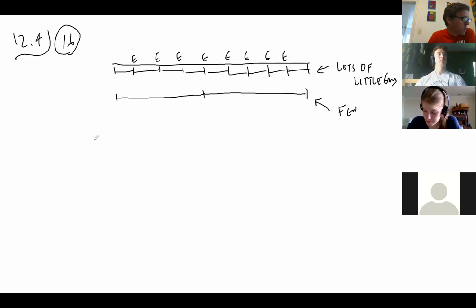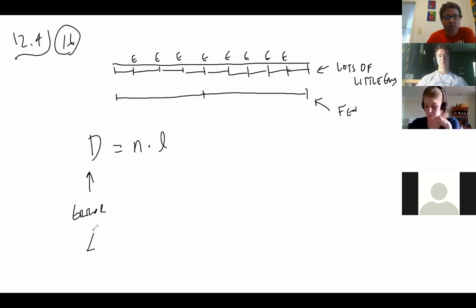So we're talking about D. D is the total distance, which is the number of things you do times the length of any particular one. When you're talking about errors, that's like delta D or dD, little d, big D. So this is like actual error versus approximate error.